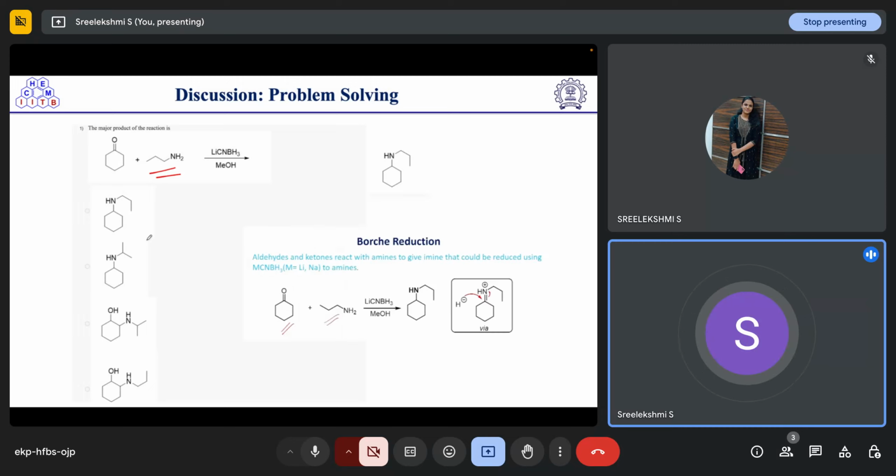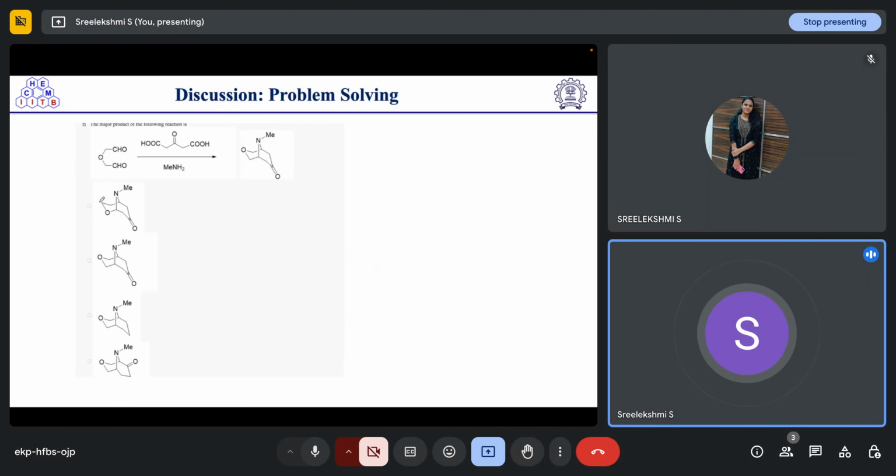So here what is happening is Borch reduction, which is reductive amination basically. First this ketone and this amine will react to form this iminium ion that can be reduced using lithium or sodium cyanoborohydride, which will give this amine derivative. So the correct answer will be option A.